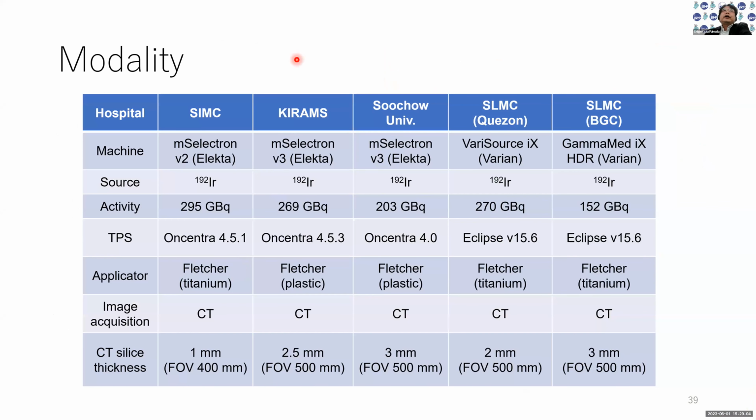This shows the modalities for each institute. Almost all use Iridium 192, with almost the same activity, and TPS such as Oncentra or Eclipse, and for image acquisition they use CT. But slice thickness has some variety, from 1 millimeter to 3 millimeter.